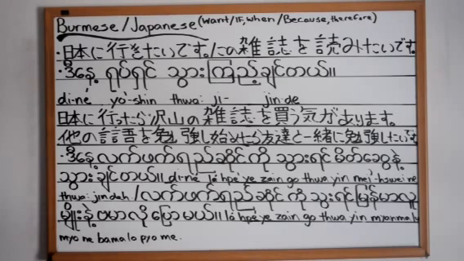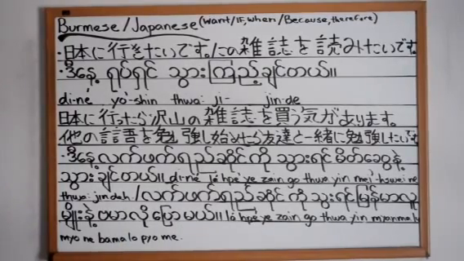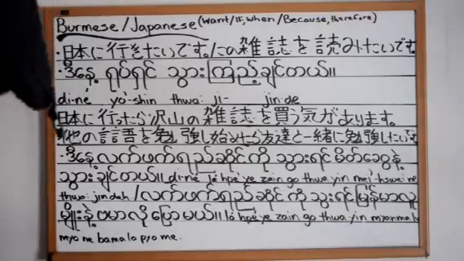So, this is Dinet Joshin Toa Ji Jin De. This is: today I want to go see a movie.